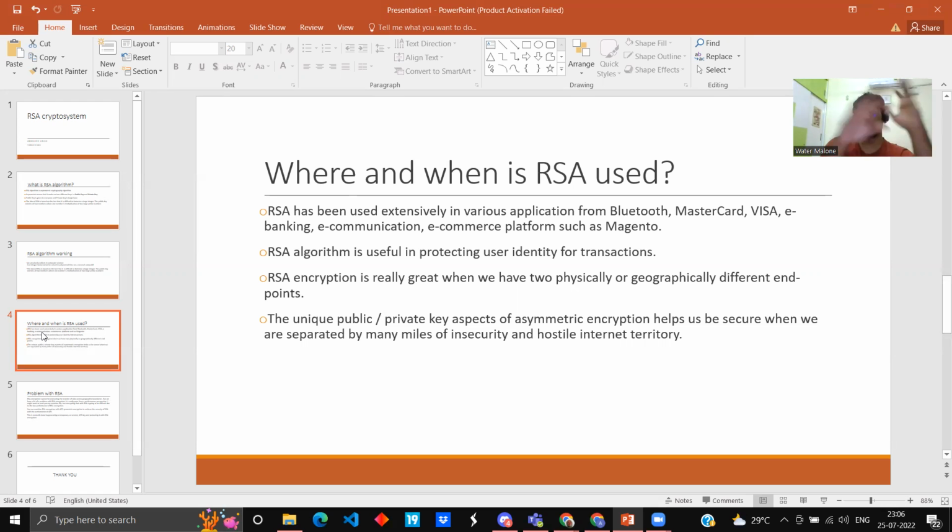So I can be pretty relaxed and content with the form of communication that I'm using, regardless of however hostile or however weak the system of communication is in terms of security. I have done the encryption using RSA, and it is almost always going to be protected. So, again, the reason for this was basically the idea of being unable to factorize, and the idea of public and private key that we understood.